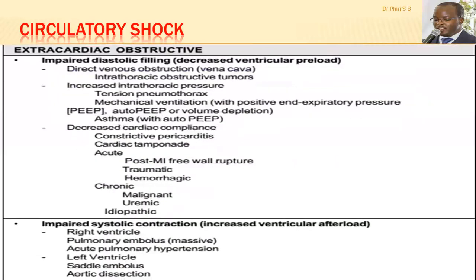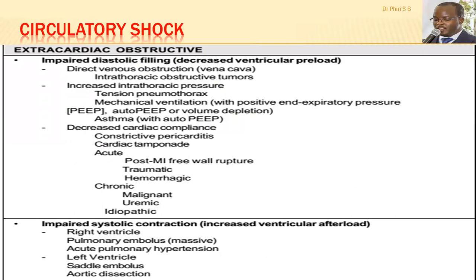Then the last type is called extracardiac obstructive shock, due to impaired diastolic filling, so decreased ventricular preload. So if you have a decrease in ventricular preload, the stroke volume is going to decrease, and also the cardiac output is going to decrease. So you can have direct venous obstruction.